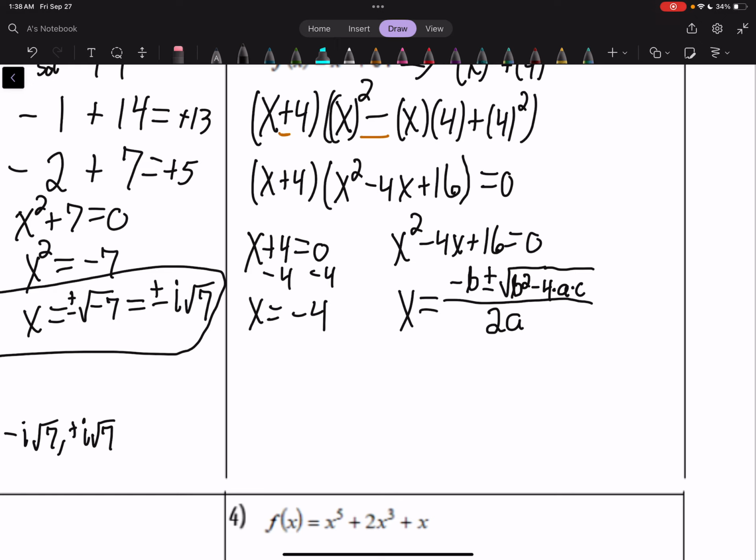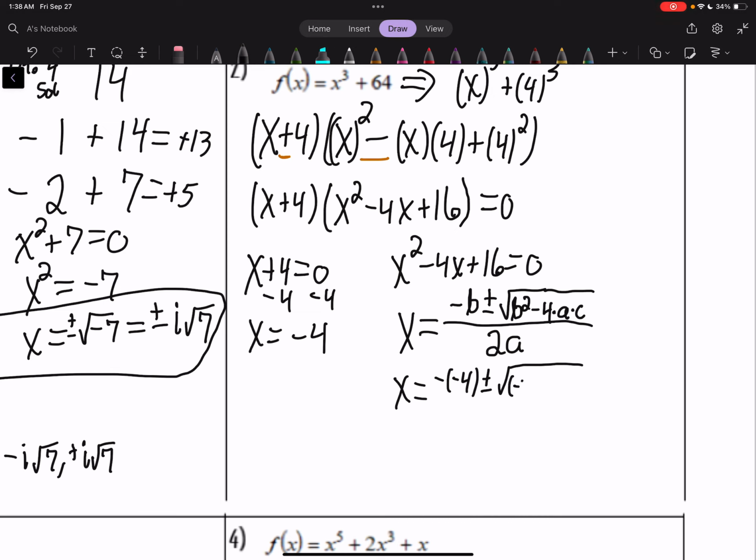This will tell you what the solutions are to any trinomial equation. So plugging in my values, x is equal to negative negative 4 plus minus square root negative 4 squared minus 4 times 1 times 16 divided by 2 times 1.